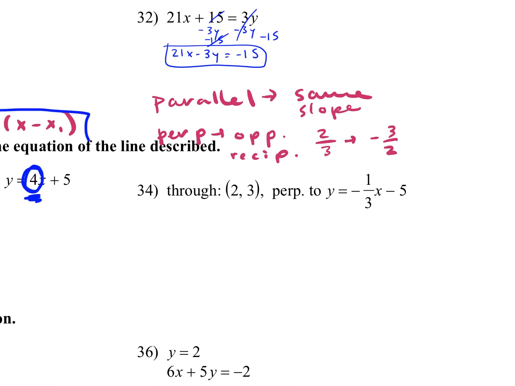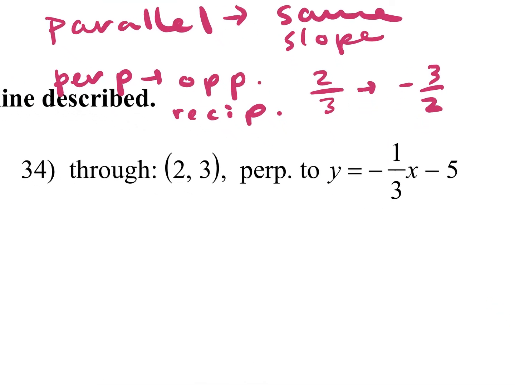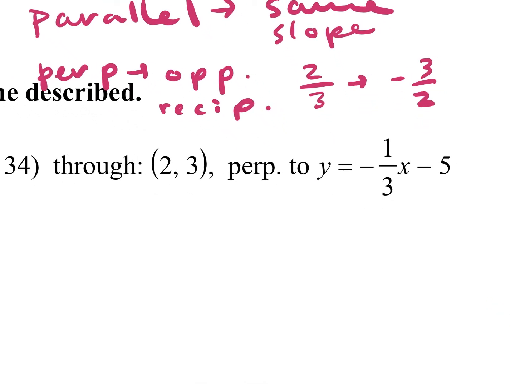All right, the last one we'll do for today is 34. So I'm plugging it into point-slope form. I need my slope, so my line's perpendicular to this one. Perpendicular means that we have opposite reciprocal slopes. So opposite means that it's going to be positive, and reciprocal means that it's now 3 over 1, which is just 3.